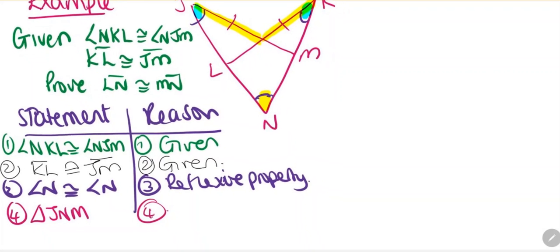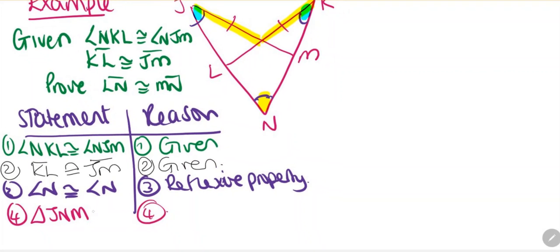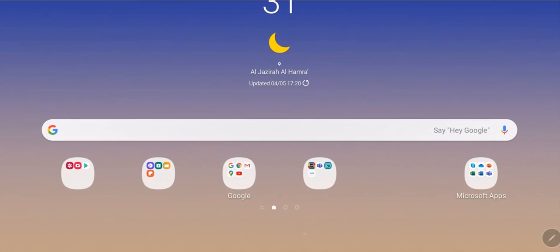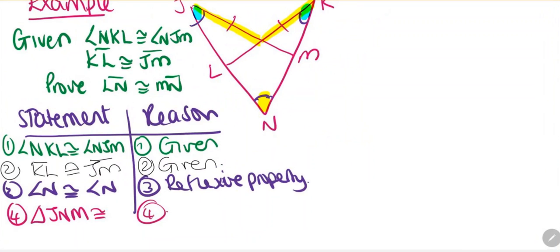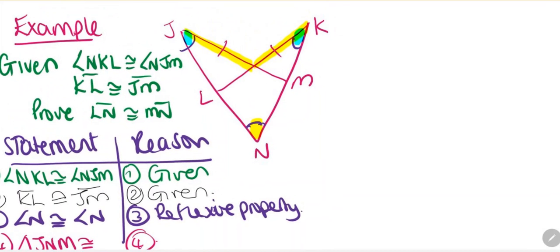So JNM is going to be congruent with triangle KNL, and this is because we have an angle, a side, and an angle.